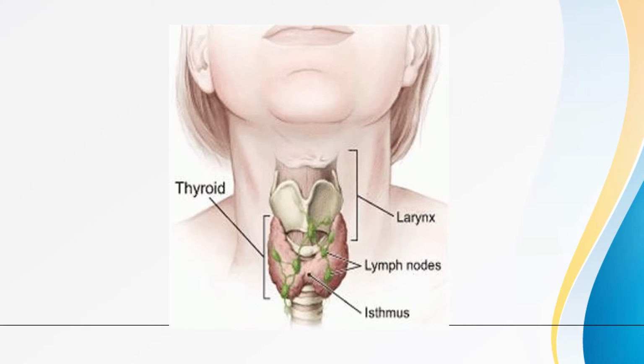First, we'd like to have a short review of the structures involved in the neck. The neck is composed of the cervical spine, which holds the skull or the cranium. Other than this, it has the thyroid gland, your larynx, part of the lymph nodes, and some of the cartilages.